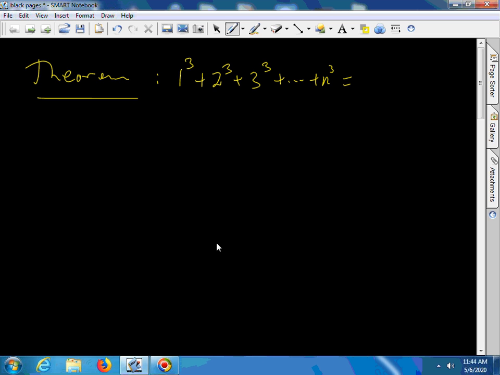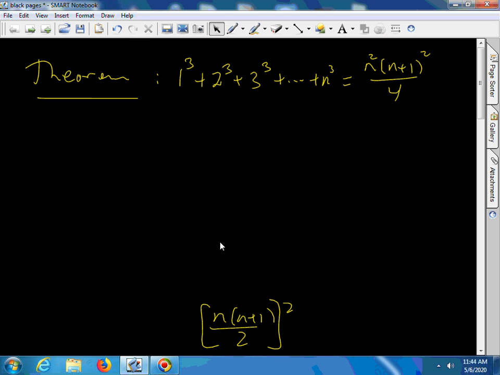If you remember the formula for the sum of the first n integers, it was n times n plus 1 over 2. Well, this one squares the n, the n plus 1, and the 2. That is, it's just n times n plus 1 over 2 squared, which is rather interesting.